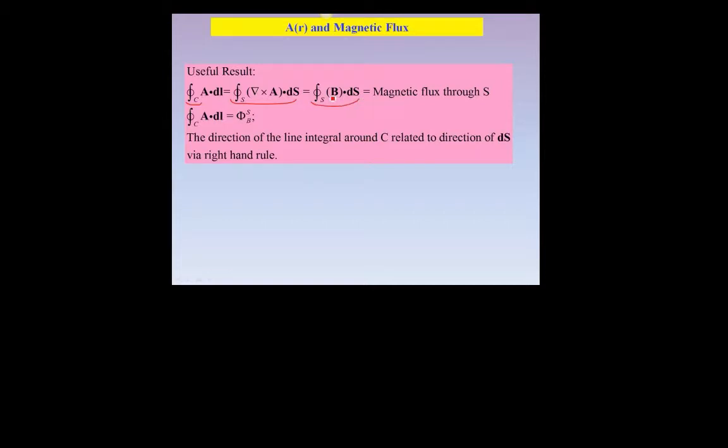But this is the definition of magnetic flux through the surface S. So we can then say that the line integral of A around a closed loop C is equal to the flux through a surface that's bound by C. The direction of the line integral around C relates to the direction of ds via the right-hand rule.